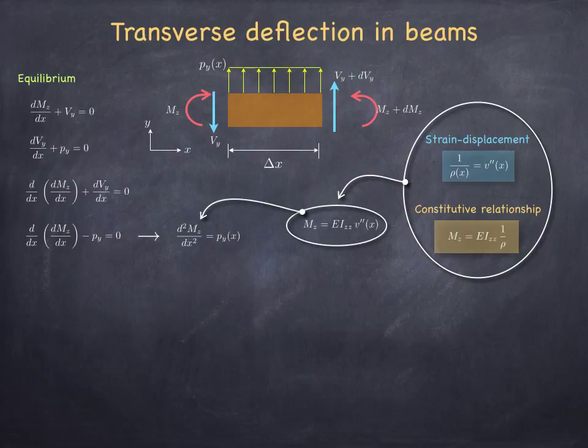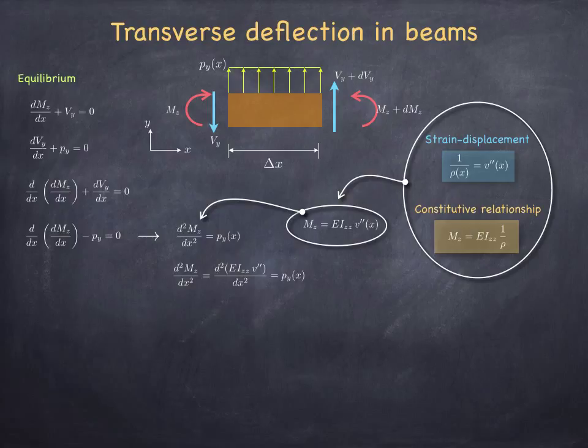and plug it into the force equilibrium expression that we have just derived to obtain this expression, that the second derivative of the bending stiffness times the second derivative of transverse displacement is equal to py.